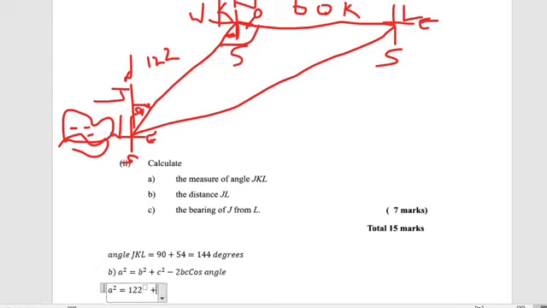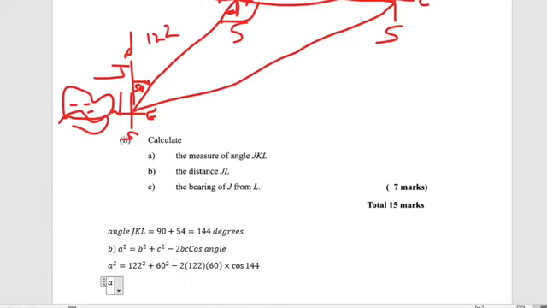144 degrees. So a square is equal to, when you do 122 square plus 60 square, what you'll get is 18,484 minus, when you do 2 multiplied by 122 multiplied by 60 multiplied by cos 144, what you'll get is negative 11,844.0088.